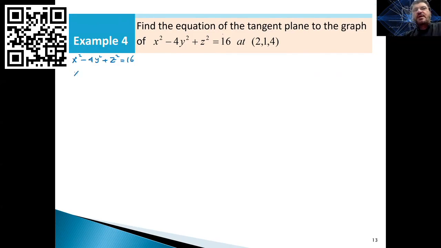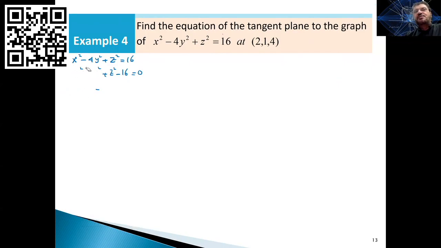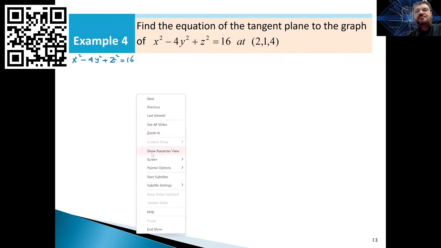I get x squared minus 4y squared plus z squared minus 16 equals 0. So now I'm going to take all of this to be my capital F of x, y, and z, which is the level curve. Or in other words, let me explain it the way I mentioned it before. If this is confusing, let me show you something. Okay.